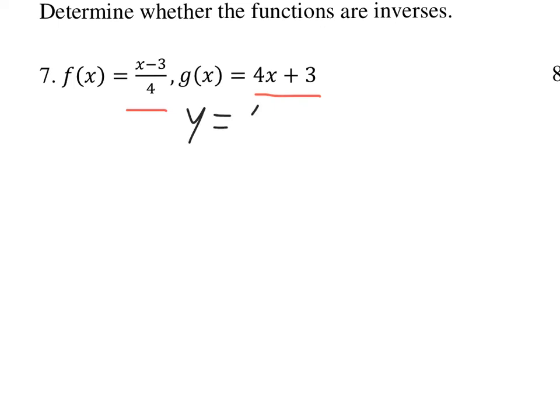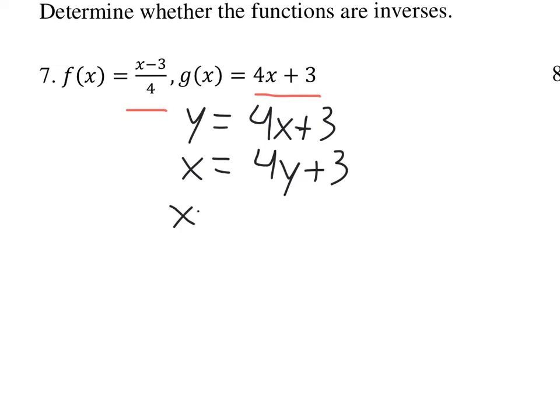Y is equal to 4x plus 3. Swap our x and our y. X is equal to 4y plus 3. Move that 3 over. X minus 3 is equal to 4y. Divide both sides by 4 to give us x minus 3 over 4 is equal to y.